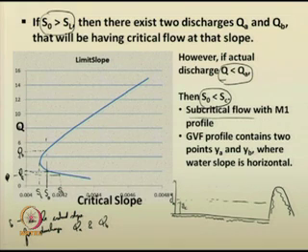You know that this will gradually increase like this, and then right. So, this is a gradually varied flow profile.